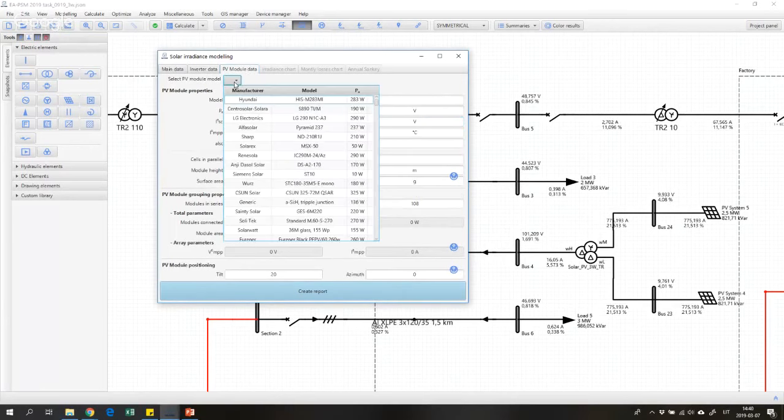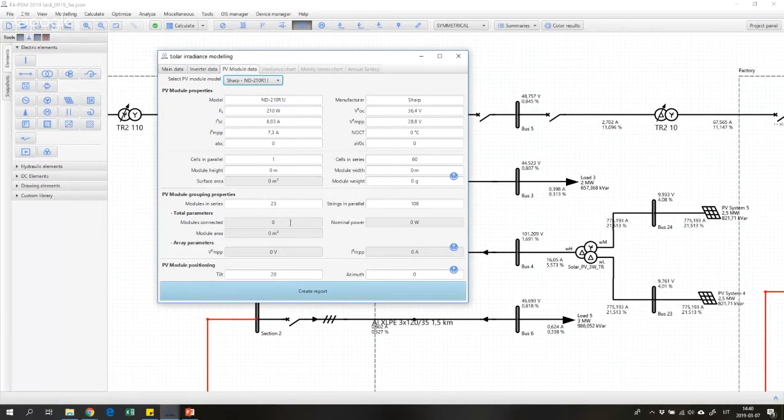I can select some kind of solar power plant and estimate how many modules and arrays are connected in series, and how many of them are connected in parallel. So let's say I will reduce the size of this installation so as to fit the inverter data.